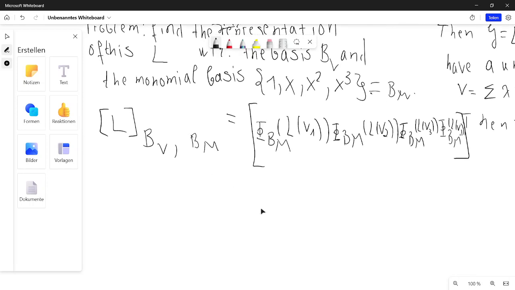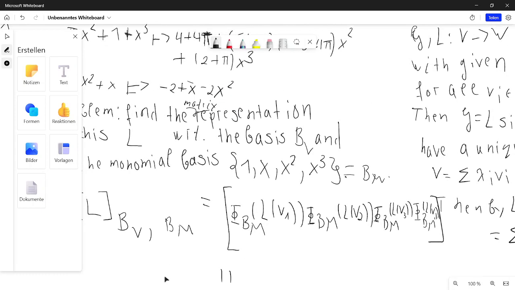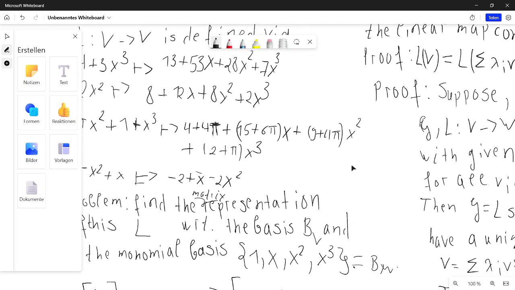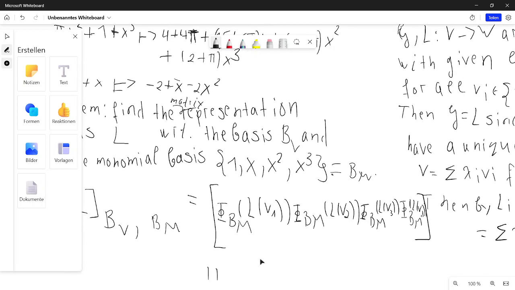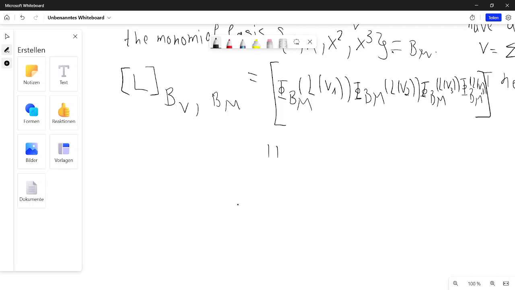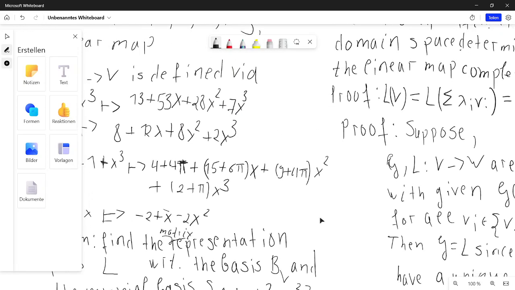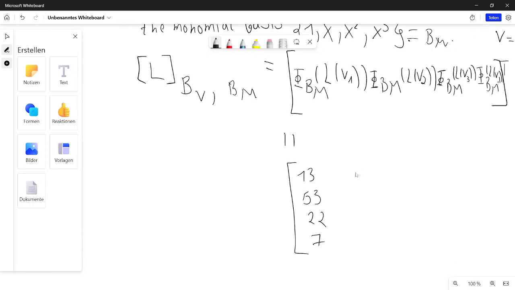And in our case, we take the images and we take their coordinates. Here it would be the coordinates of the first one. So 13, 33, 22, 7. First column: 13, 33, 22, 7, 28, 7.